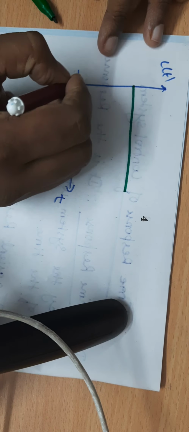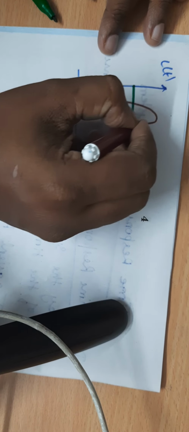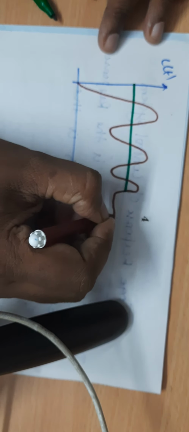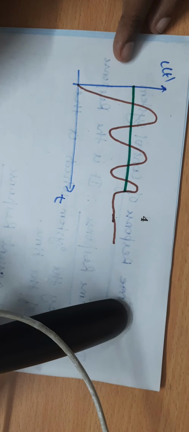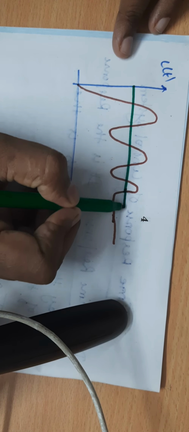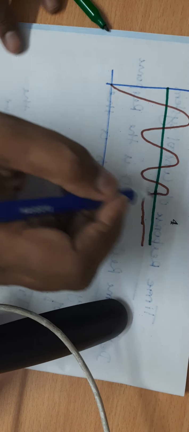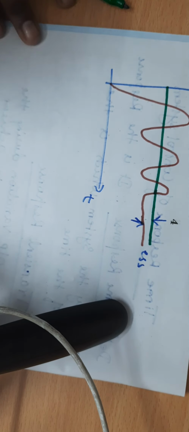Now what? It's an oscillatory signal, right? It's going to oscillate like this and going to become stable after some time. Now this difference we will call it as ESS, steady state error.